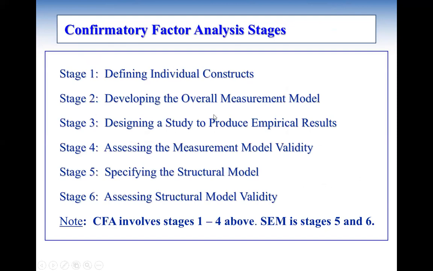Basically, there are six stages to performing the confirmatory factor analysis. One is defining individual constructs, developing the overall measurement model, designing a study to produce empirical results, and assessing the measurement model validity. Measurement model means confirmatory factor analysis.